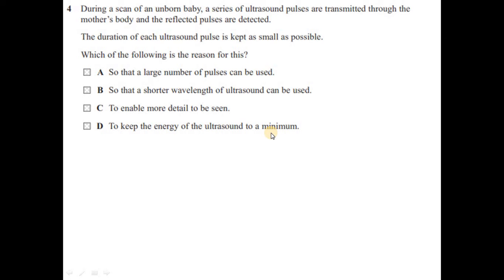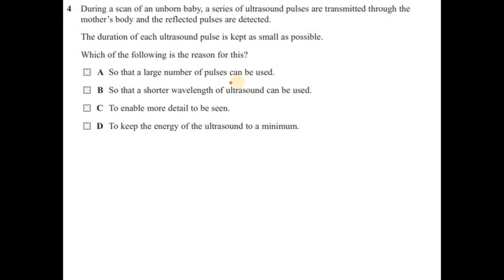Question number 4. During a scan of an unborn baby, a series of ultrasound pulses are transmitted through the mother's body and reflected pulses are detected. The duration of each ultrasound pulse is kept as small as possible. Which of the following is the reason for this?